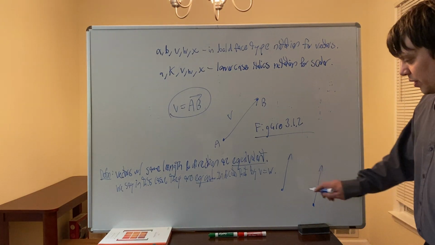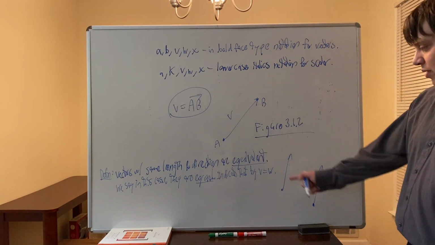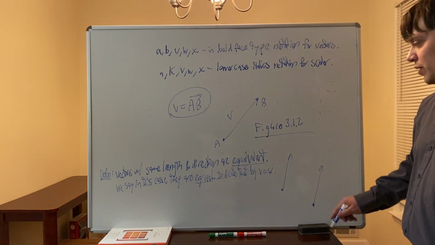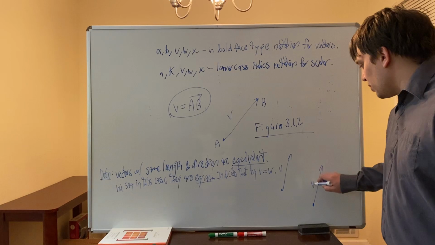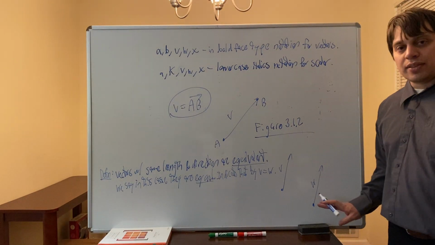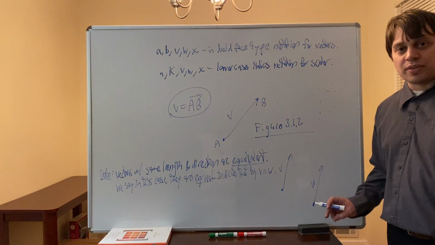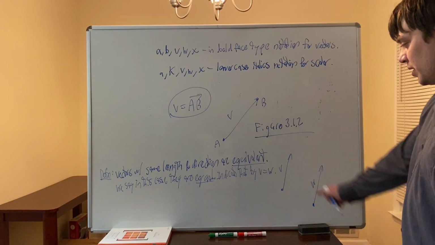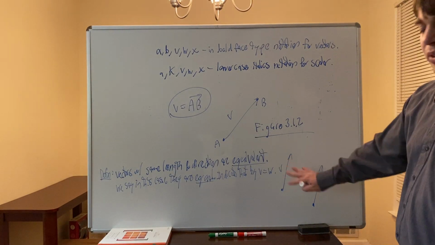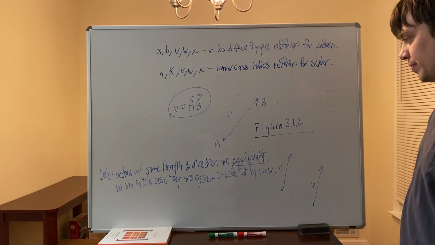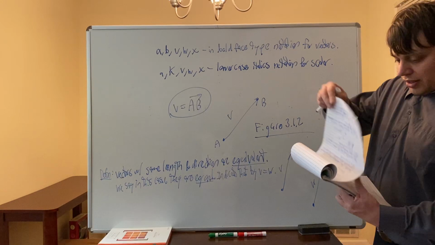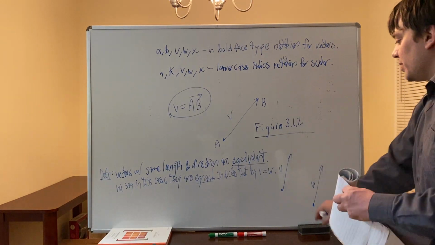Even though these two vectors are in two different places, they have the same length and direction. Let's say this is vector v and this is vector w. Even though I wrote the two vectors in two different places, they're equivalent. Same length, same direction, different places, they're still equal. They're still equivalent. Okay, let's keep going.